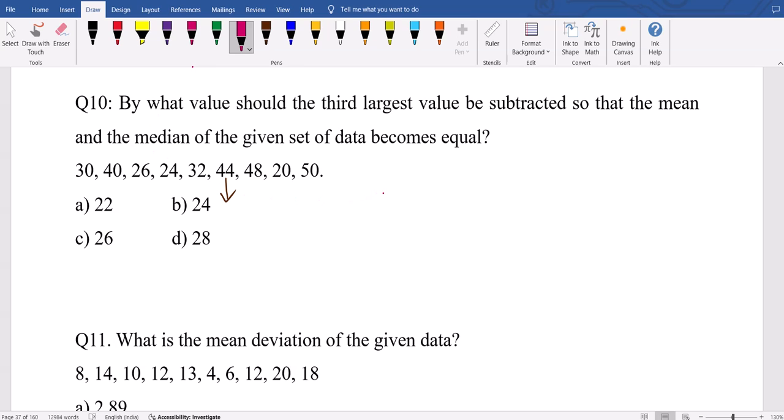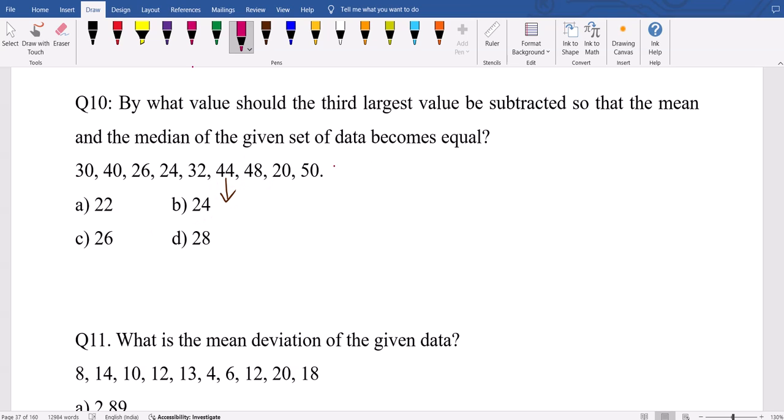That 44 should be subtracted by what? Minimum 22 is subtracted. No, you see, use the options also with certain things. So it should be subtracted by 22. If we subtract 22, it will be 22, or if we cross that 24 and all, it will be less than 20.